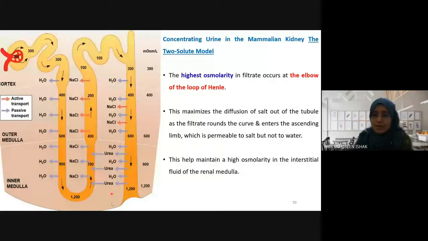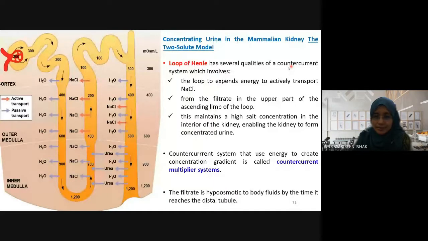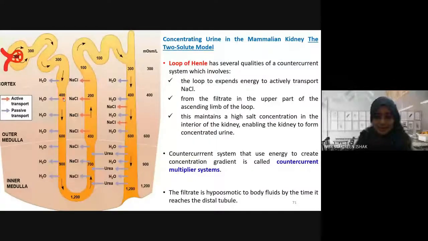Okay, so it says here, the loop of Henle has several qualities. Apa quality dia tu? Okay, which is of a countercurrent system, which involves countercurrent. Ingat balik dia punya definition, the flow of fluid in opposite directions, right? So fluid in the filtrate flows in the opposite direction between the descending and also ascending limbs, kan? Okay, so the loop of Henle expends energy to actively transport sodium chloride.